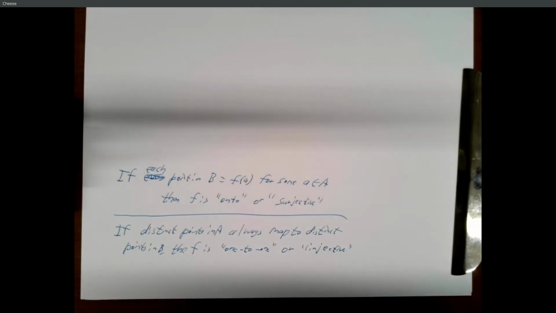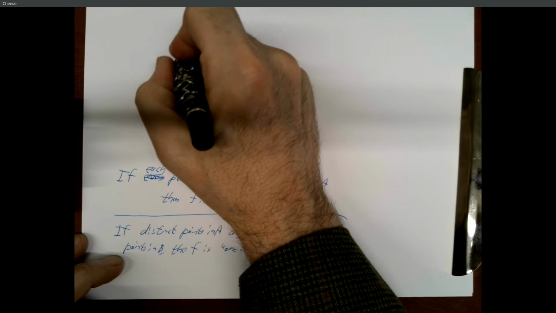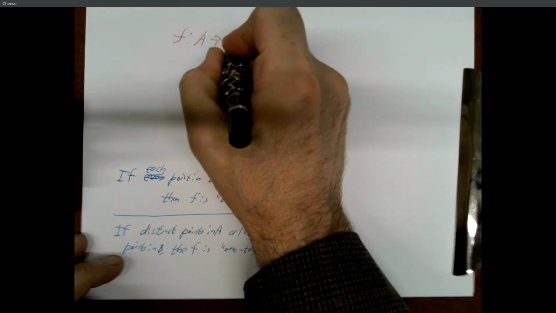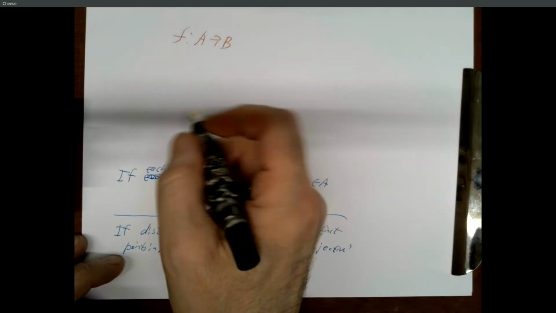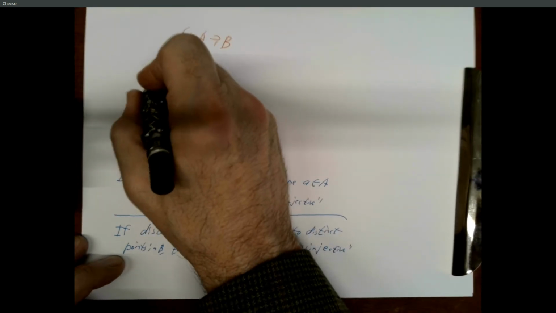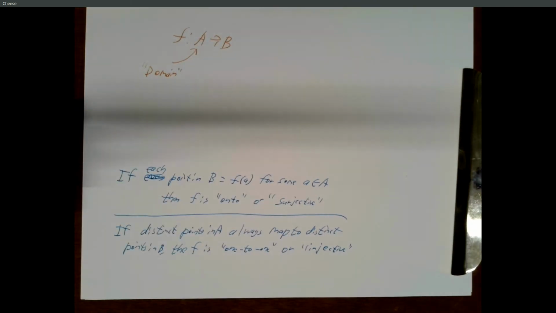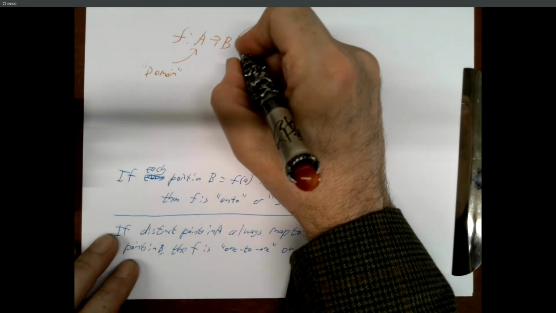Okay, a few more definitions. So f is a function from A to B. A is called the domain. It's the set that we're mapping from. And B is called the codomain.